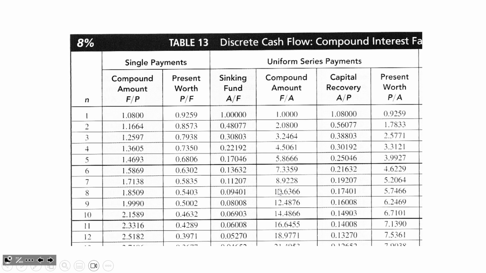In this format, we'd say find F given P, for an interest rate of 0.08 and n equals 7. That's how we summarize the kind of problem this is in the brackets, defining what's the unknown, what's the given, the interest rate that applies, and the number of compounding periods.